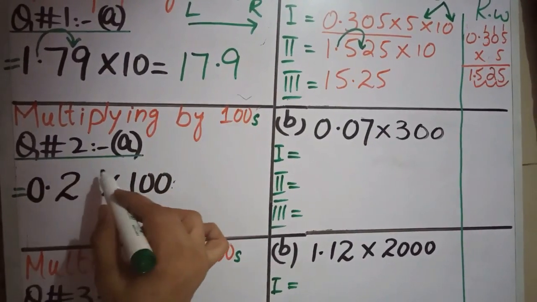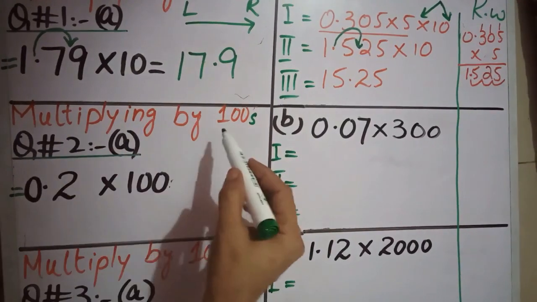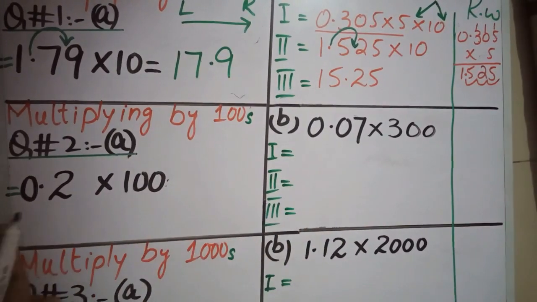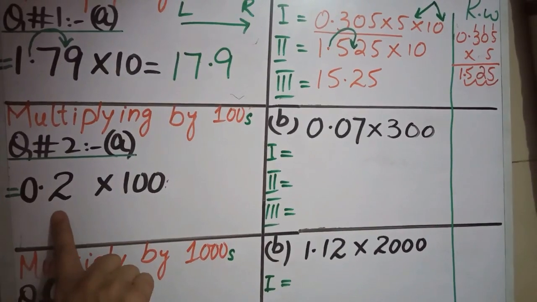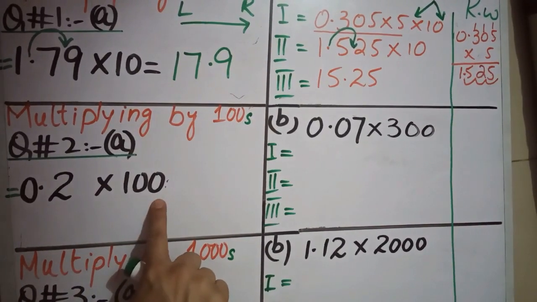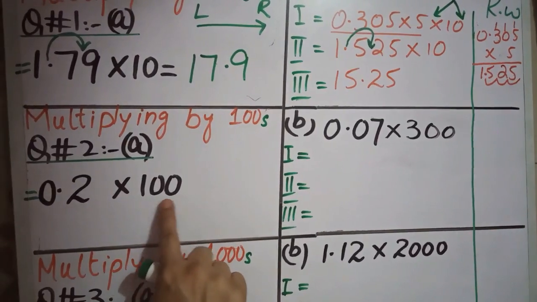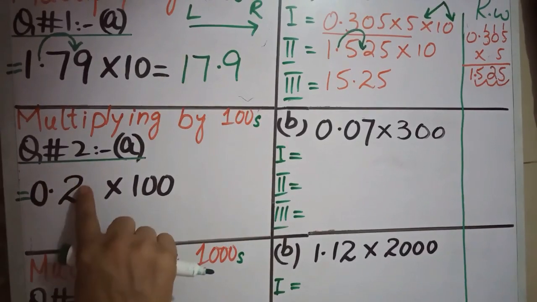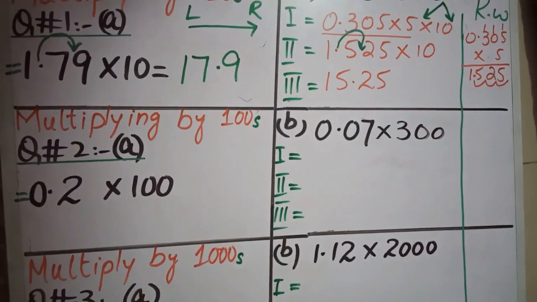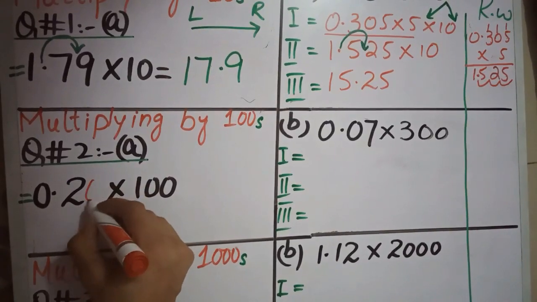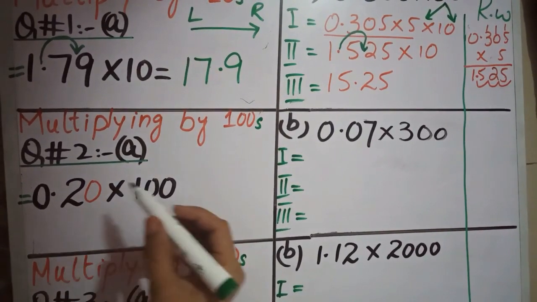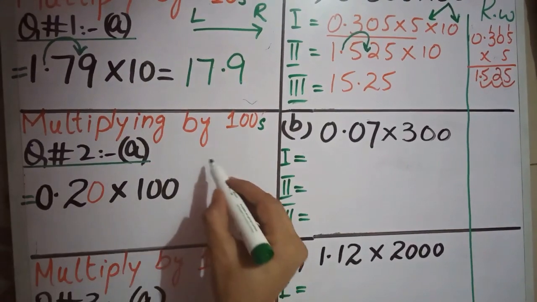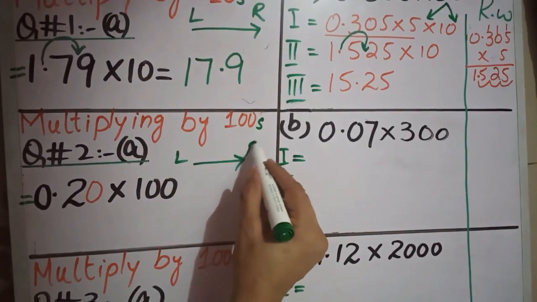Now in question number 2, it's multiplying the number by hundreds. Can you see here we have 0.2 multiplied by 100. Now you will think that here are 2 zeros, but here is only one digit to shift the point. For this we have to add a 0 to shift the point, because here are 2 zeros and we have to shift the point 2 times from left to right.